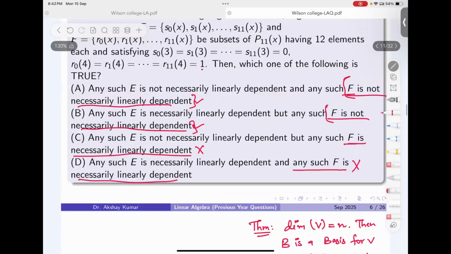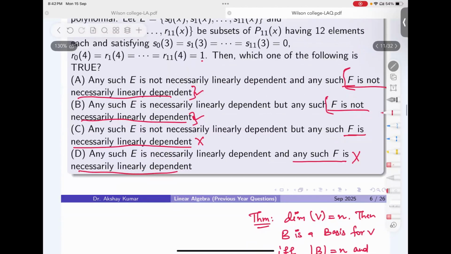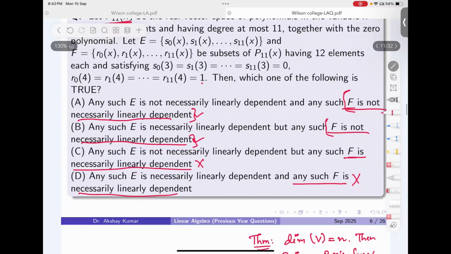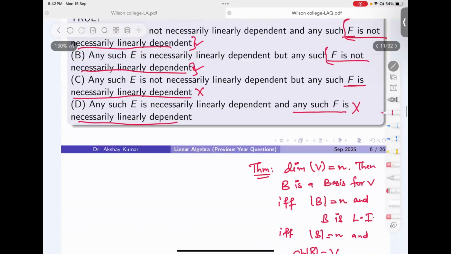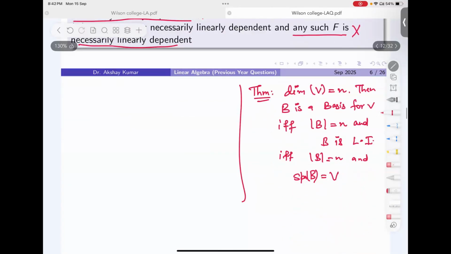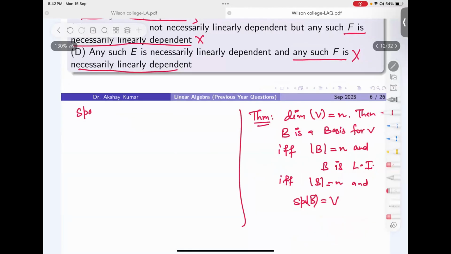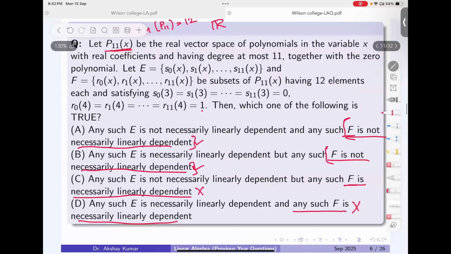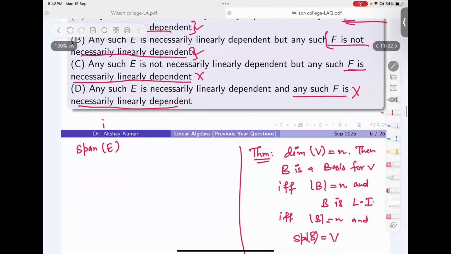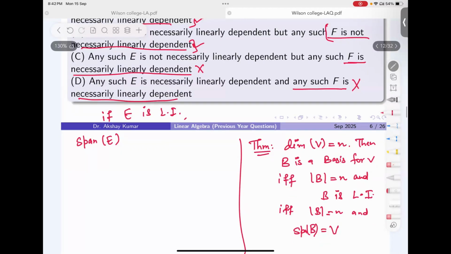Now suppose E is either linearly independent or a spanning set. Suppose E is linearly independent. Then E has to be a basis, because the cardinality of E is 12 and the dimension of the vector space is also 12.